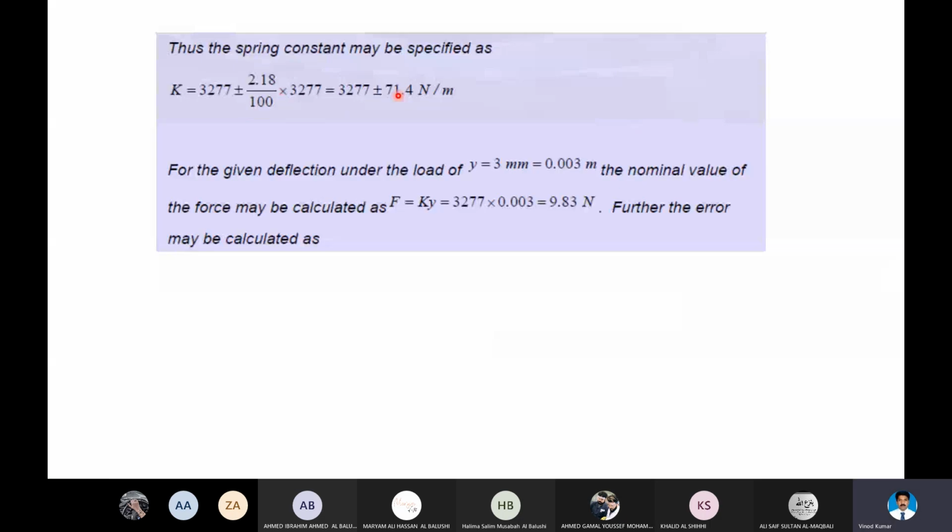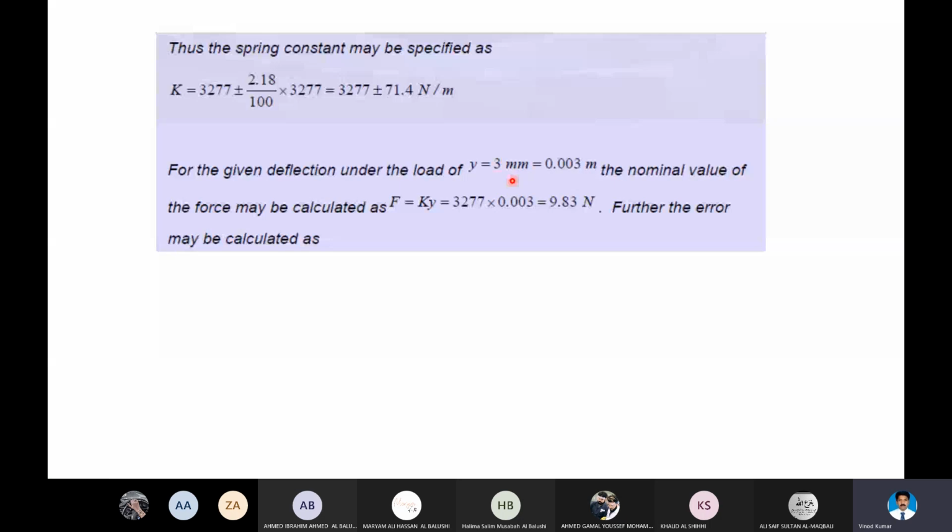Now we need to find the force for a deflection y equal to 3 millimeter, which is the last part of the question: what is the force if the deflection is 3 millimeter? We know that the force is calculated as Kx or Ky. K we calculated as 3277.